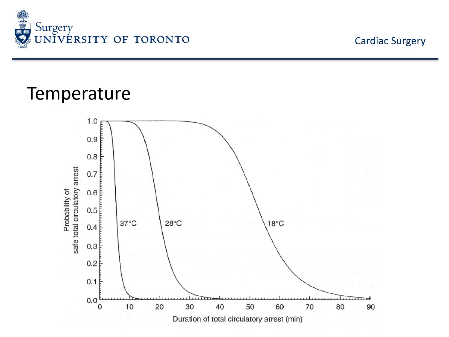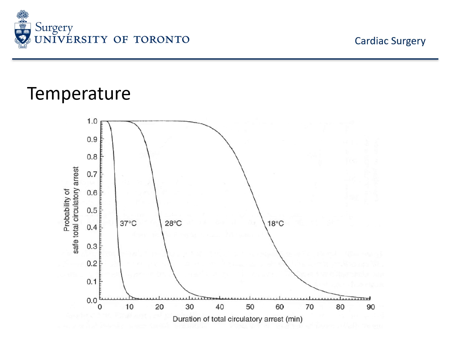How do you choose between normothermia, moderate hypothermia, and deep hypothermia? Well, the temperature chosen affects the safe duration of total circulatory arrest time. So with every 10-degree drop in temperature, you get an approximately 2-fold decrease in your metabolic rate.